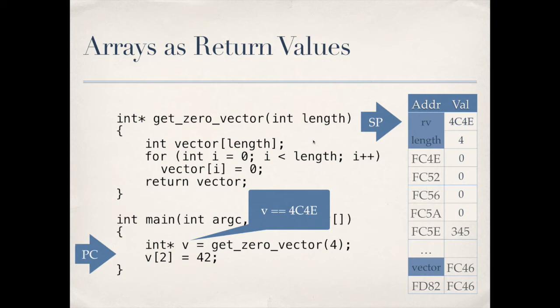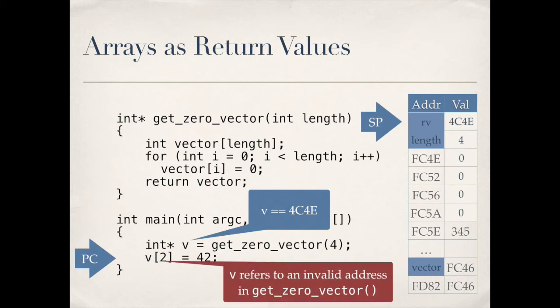Good. And if we move now down here, we have a problem, because we have a pointer here, V. This is 4C4E, and 4C4E is here, and then we add 1 and 2 here, two addresses, and we want to assign the value of 42 into here.